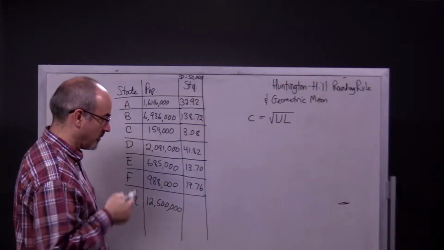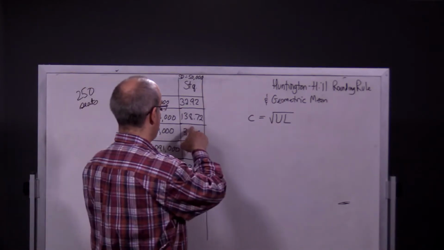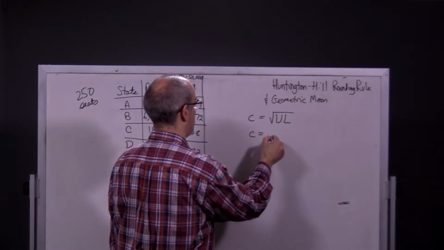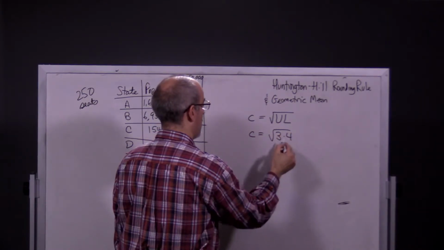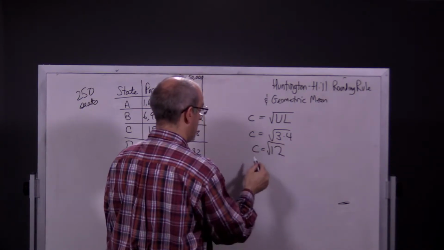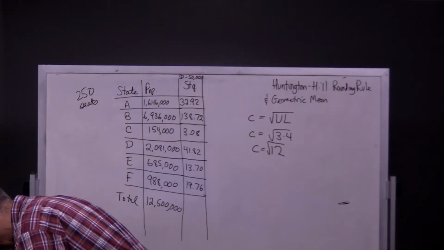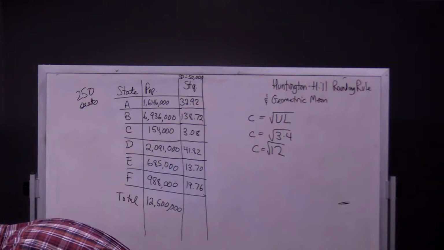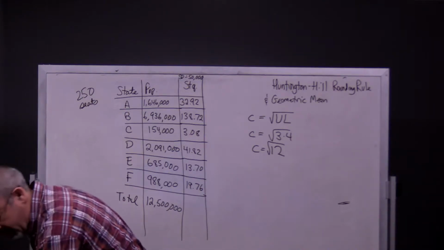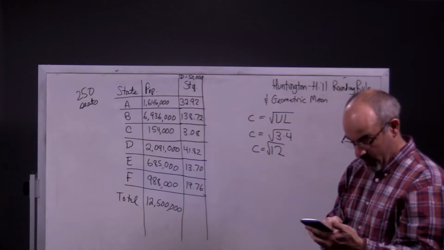So, for example, let's do this one because it's small. The lower quota would be 3 and the upper quota would be 4. Can't forget the radical. Hopefully I brought my calculator because it's kind of hard to do square roots in your head. Let me just figure out what the square root of 12 is.